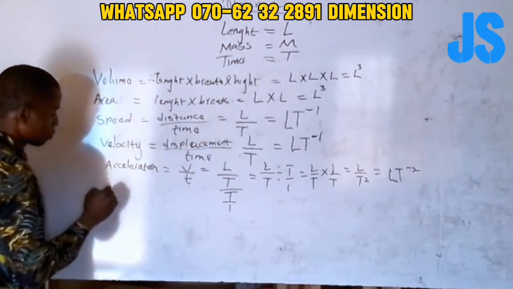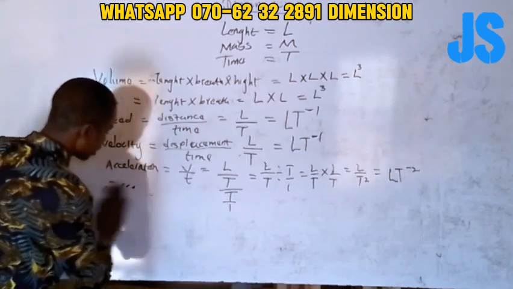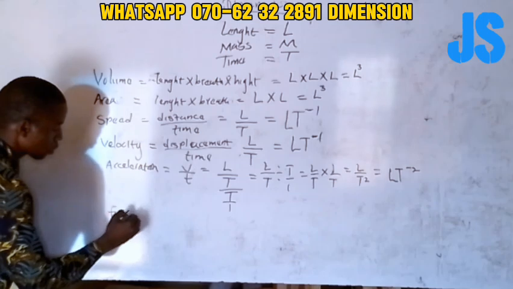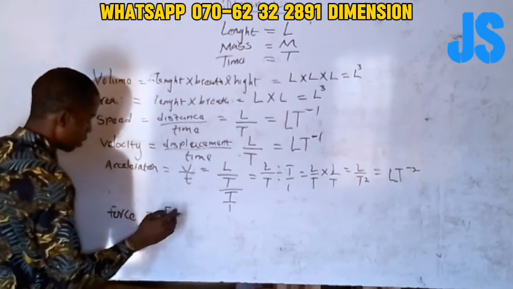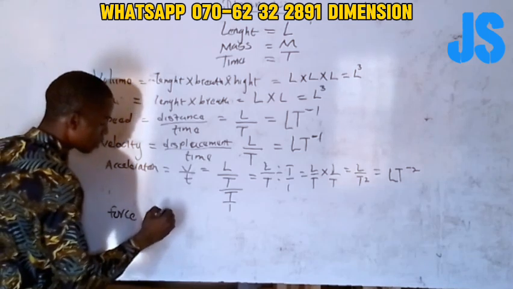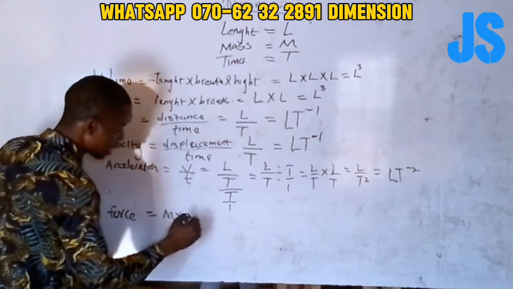Dimension of force. What is the dimension of force? The dimension of force, F, is mass times acceleration.